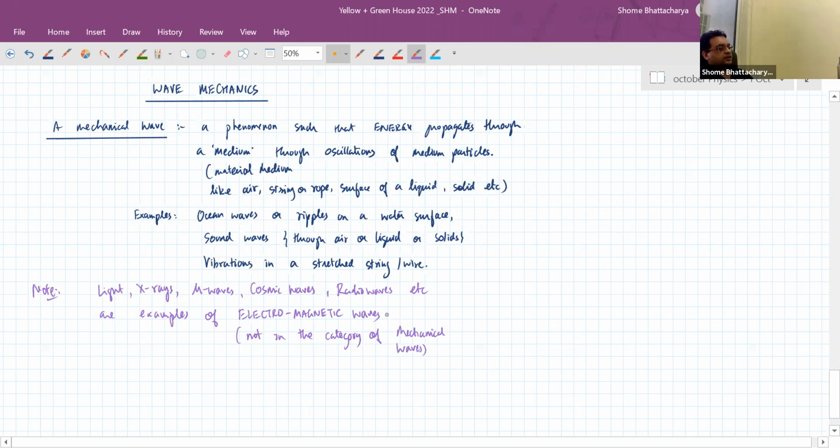So electromagnetic waves involve electric and magnetic fields oscillating, not medium particles, not material particles. So hence they don't come in the category of mechanical waves.